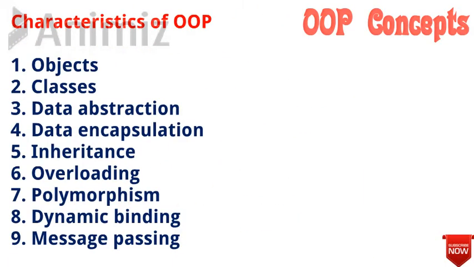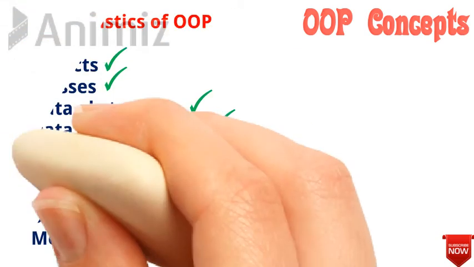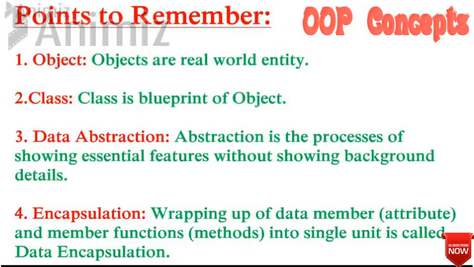Thus, the four characteristics of OOP, like object, classes, data abstraction, and data encapsulation, have been studied in this video. Let us check the points to be remembered. Object: objects are real world entities. The second characteristic of OOP, classes: a class is nothing but a blueprint of an object.